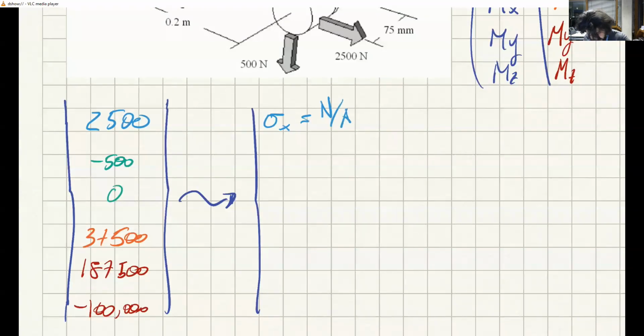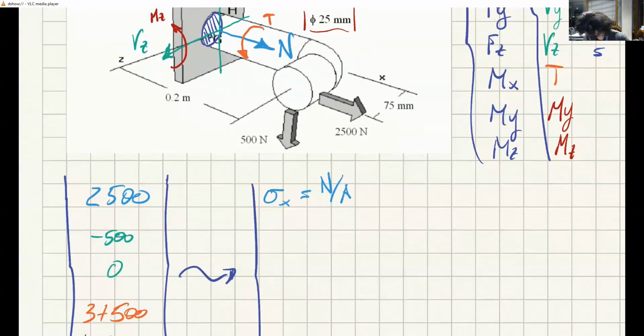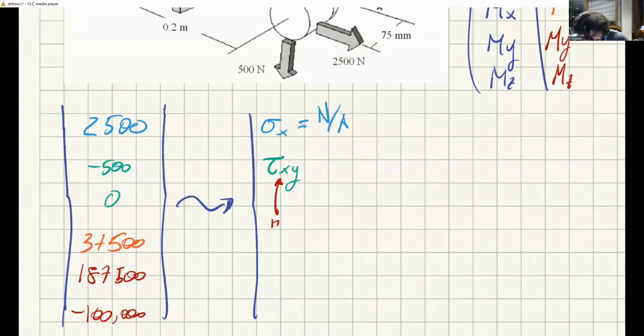Finally, this tau would be in this direction. So tau xy: this subscript x means the face with normal x, and this one means direction y.